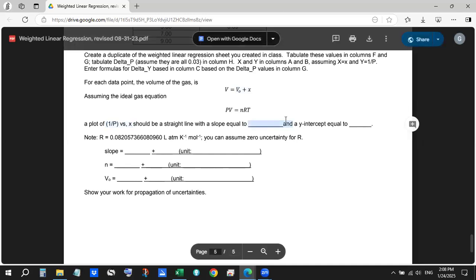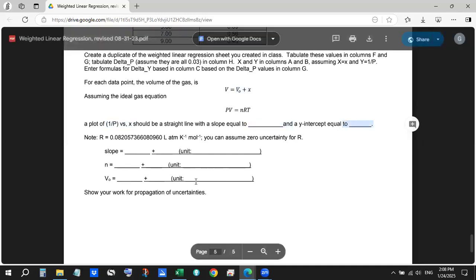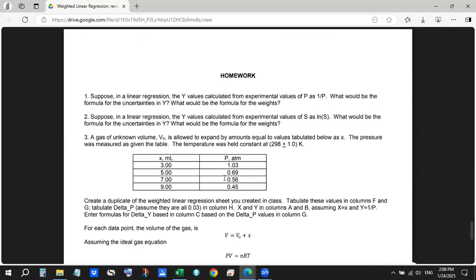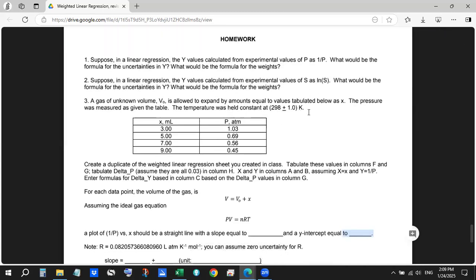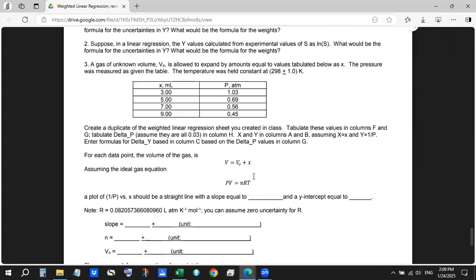What would be the slope and what would be the y-intercept? Okay, and then you have to do weighted regression because your y is not p, your y is actually 1 over p. Okay, so what would be the uncertainty in y, in 1 over p? That would be your delta y.